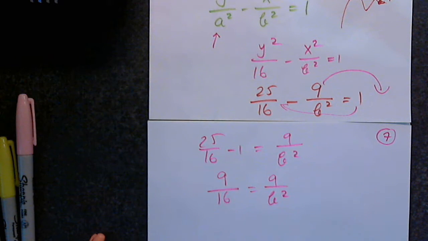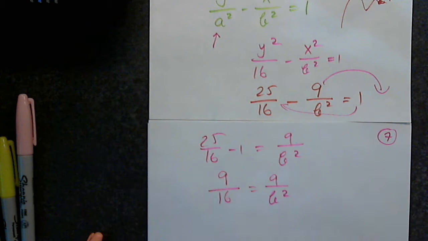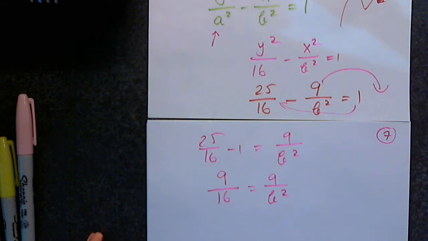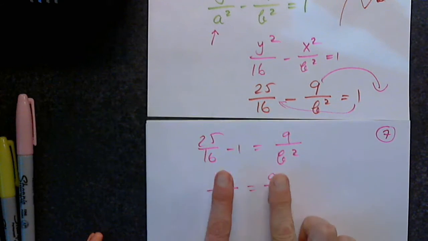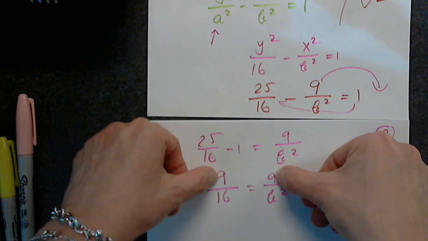Let me just show you a little trick. Two fractions are equal, and they have the same numerator. What has to happen? Can I have here 15? It's 16, of course. There is no other way. But remember what I said: two fractions are equal, and they have the same numerator.